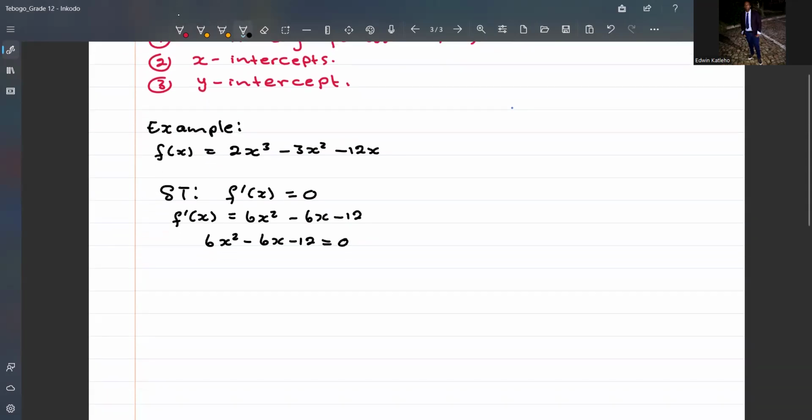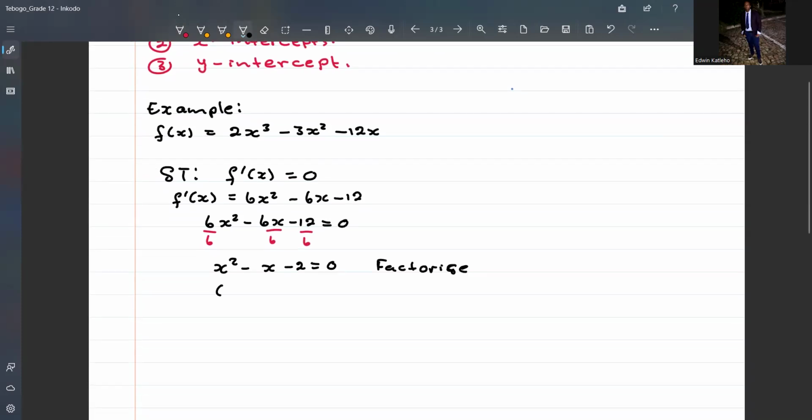Then from here, we can divide everything by 6 because it is our common value. And we then get the equation x squared minus x minus 2 equals 0. From here, we need to factorize this equation to get two coordinates of x.